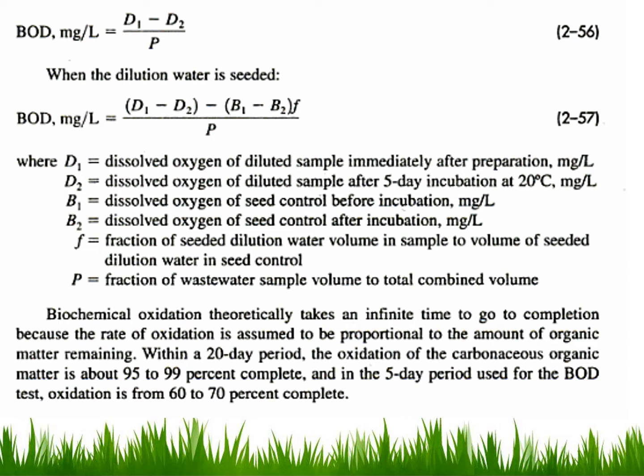U2 is the dissolved oxygen of diluted sample after 5 days at 20 degrees. So keeping it simple, BOD is actually the demand of oxygen being used from the start of the experiment until the end of the experiment. Between these two timings, we will find out how much oxygen is consumed. Then we will directly link it with the reaction rate. Then we can find out different terminologies related to BOD.